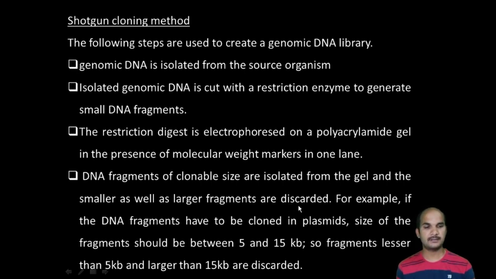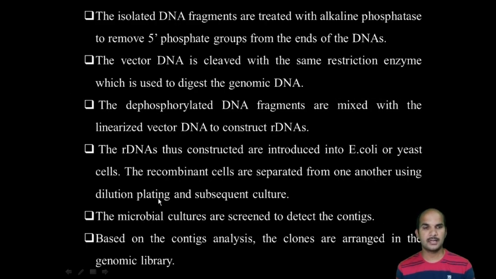For example, if the DNA fragments have to be cloned in a plasmid, the size of the fragments should be between 5 and 15 kb. So fragments smaller than 5 kb and larger than 15 kb are discarded. The isolated DNA fragments are treated with alkaline phosphatase to remove 5' phosphate groups from the ends.